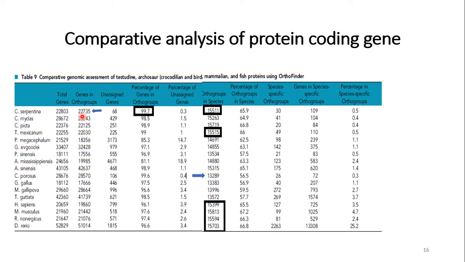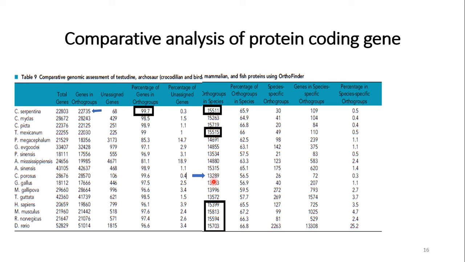They contain 22,735, and unassigned genes are 65. The percentage of genes in orthogroups is 99.7, while the number of orthologs in species is 15,511. The number of orthologs in snapping turtles, as I said, is 15,511, which is similar to the number of orthologs in pearl turtles and box turtles.